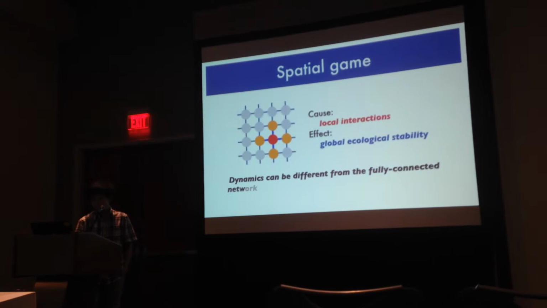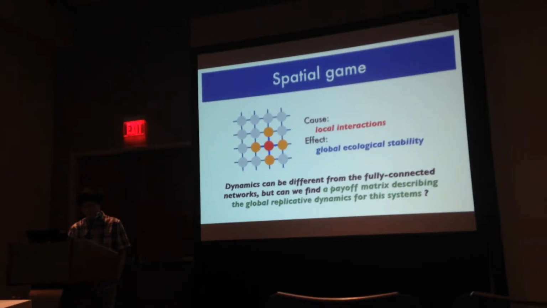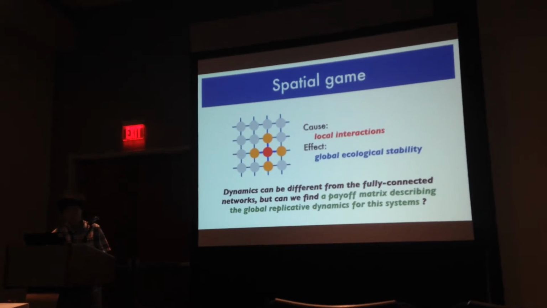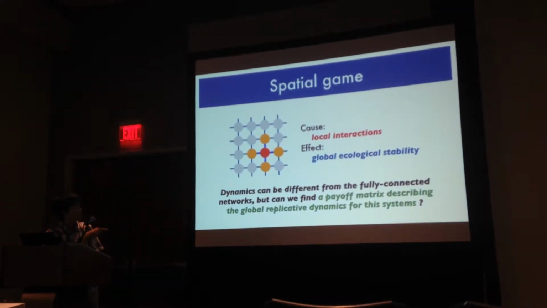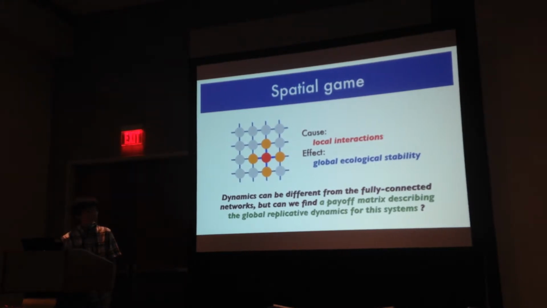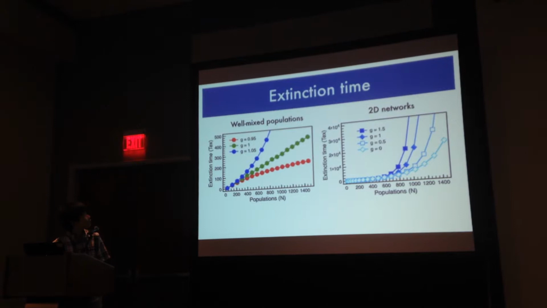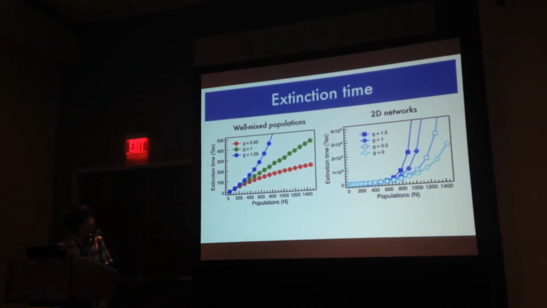So we can ask a question: do we have a payoff matrix to describe the global ecological stability and global dynamics, not the local one? First, we look at the extinction.